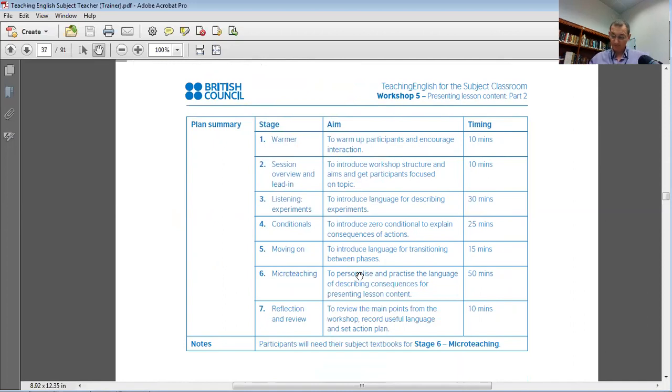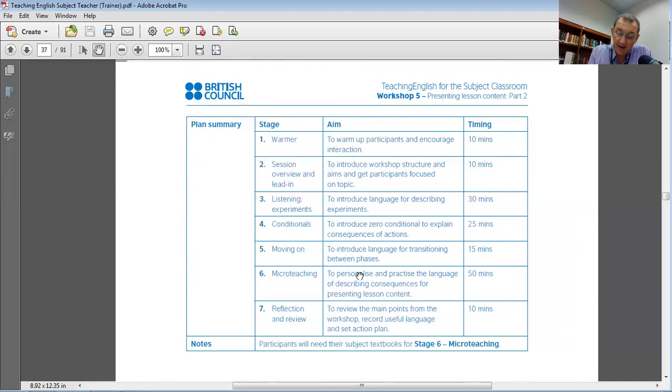So in the participant's book, or in your trainer's book, you have these phrases, and you will need to model and drill these phrases. If you add salt to water, the water becomes denser.